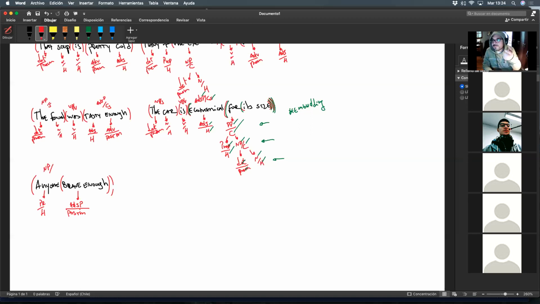You cannot modify a pronoun. Second exception, you can have an adjective as a post modifier. In this case, this is an adjective phrase. And inside of this adjective phrase, you have another exception. You have an adjective head and an adverb post modifier, right? So with this example, anyone brave enough, all of them are exceptions to the rule.